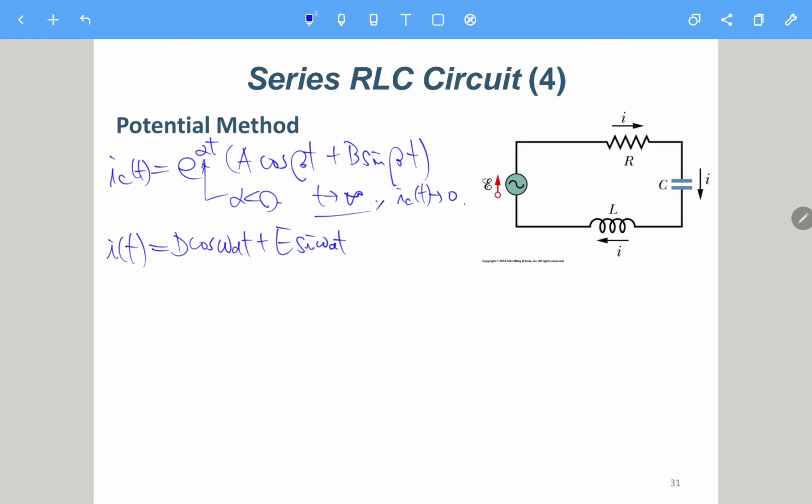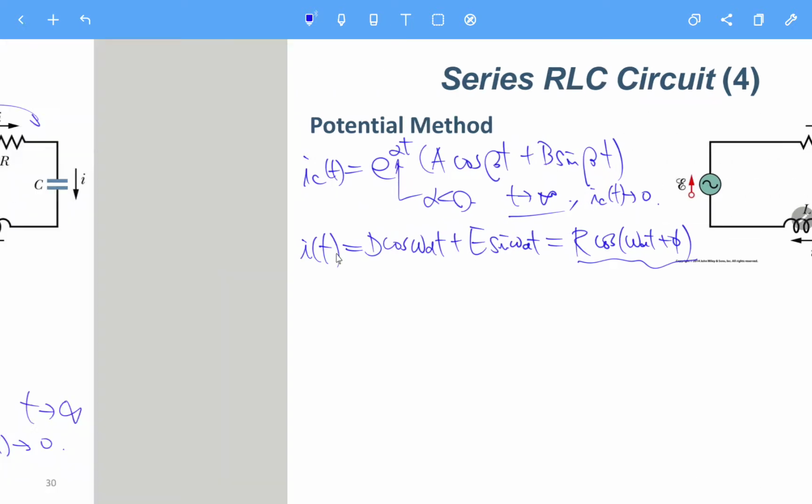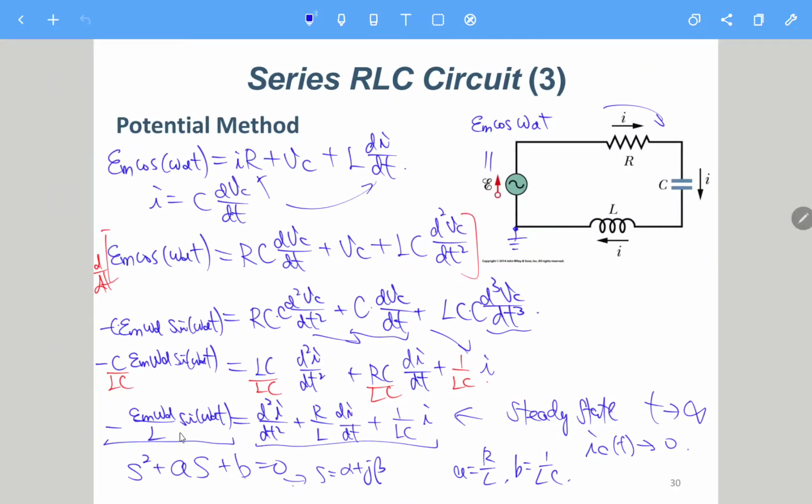Or we can simply regard it as R times cosine of omega dt plus phi, something like this. But you can just keep it in mind, we still use D times cosine plus E times sine. And then we can just plug this one back to here.